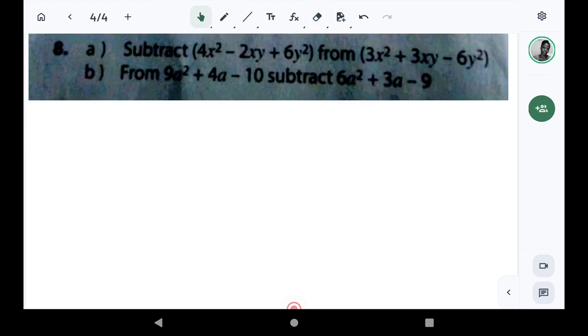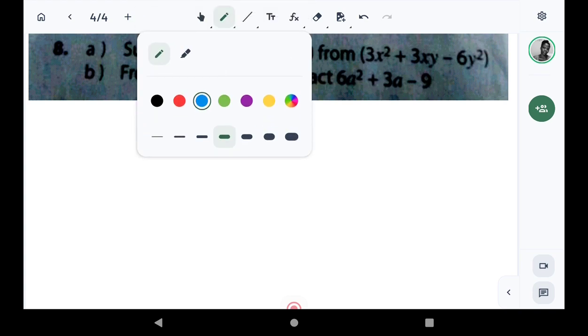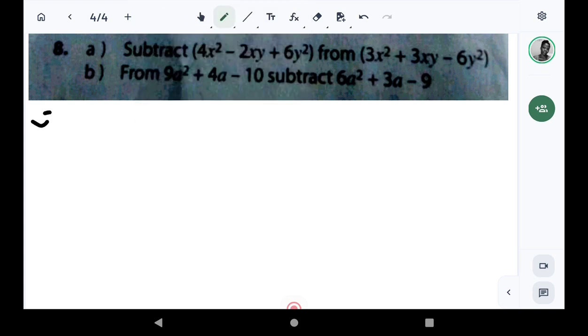Subtract 4x squared minus 2xy plus 6y squared from 3x squared plus 3xy minus 6y squared. So we go number A. Okay, we go 3x squared.